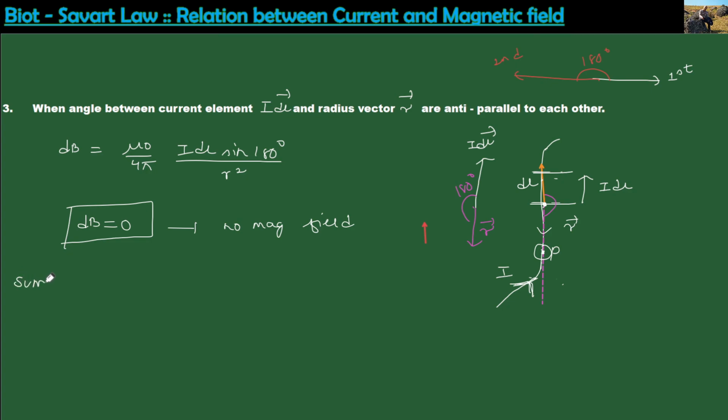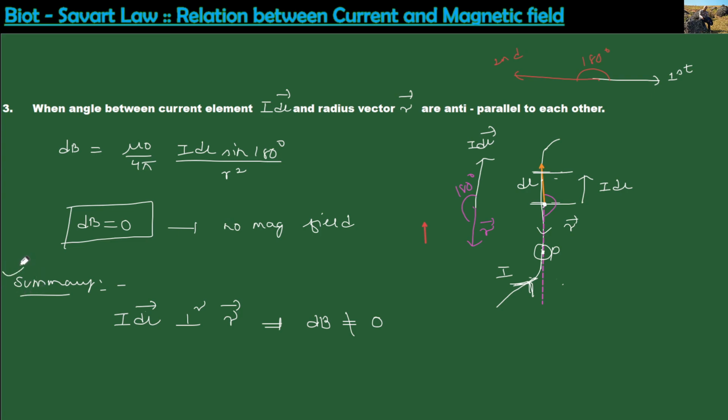The summary is that the direction of I dl, the current element, should always be perpendicular to the radius vector r, so that dB is not equal to 0, or non-zero.